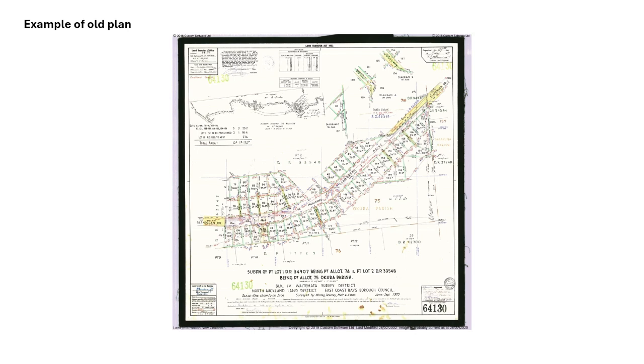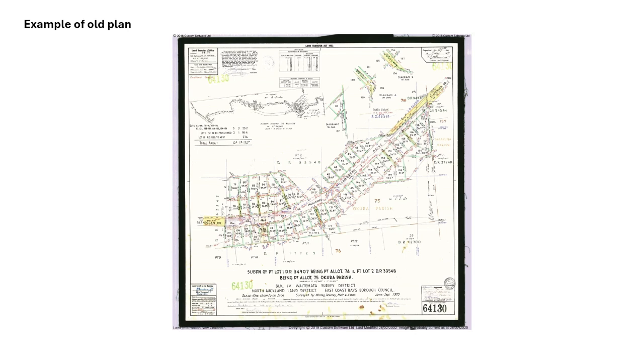So what I have in front of me here is an example of an old survey plan. By the way, I am uploading these plans on Moodle, so please have a read, or you can zoom in and have a look at some of that information if it's not clear from the slides.